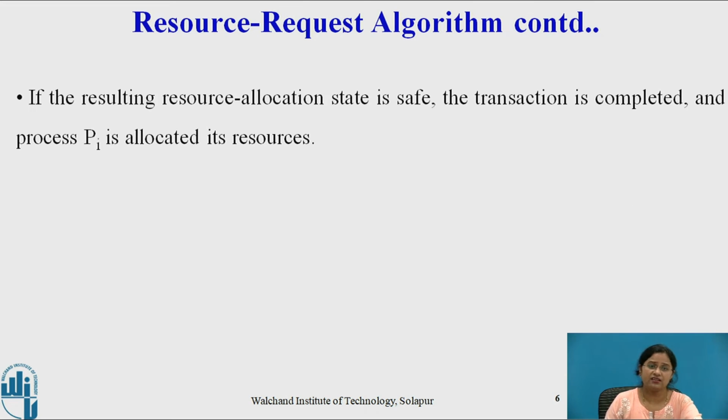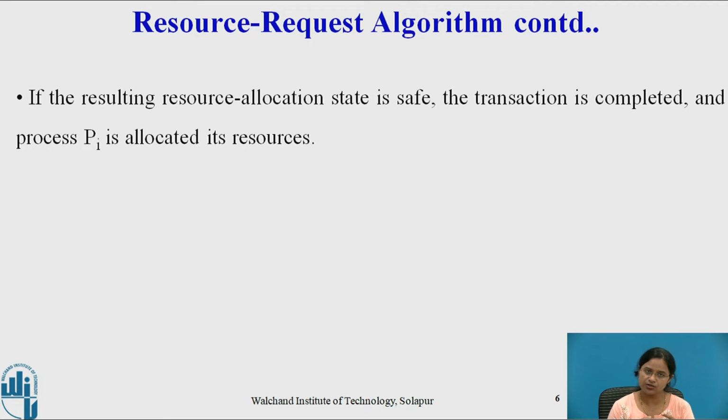And if after doing this the resulting resource allocation state is safe, then the transaction is completed and the process Pi is allocated its resources. So first it has to check whether the request made by the process is less than need and less than available.